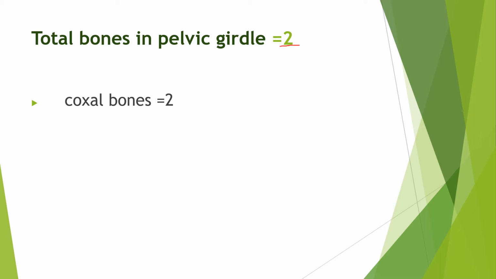As you may remember, you studied the pectoral girdle in the last lecture, and that pectoral girdle consists of 4 bones. But as you are studying this pelvic girdle, there are 2 fewer bones as compared to the pectoral girdle.